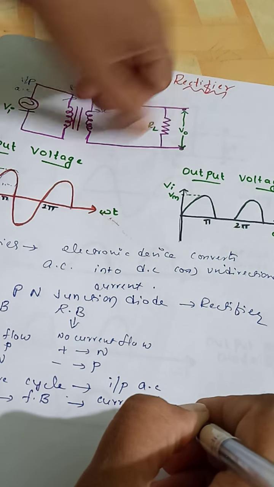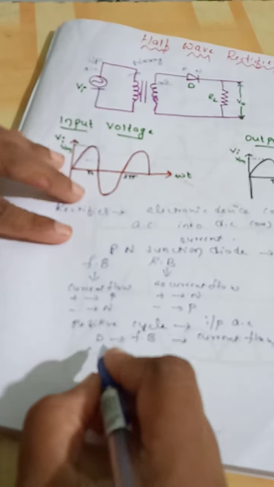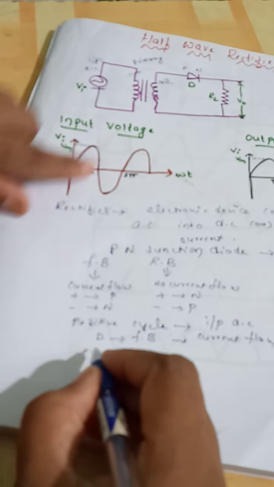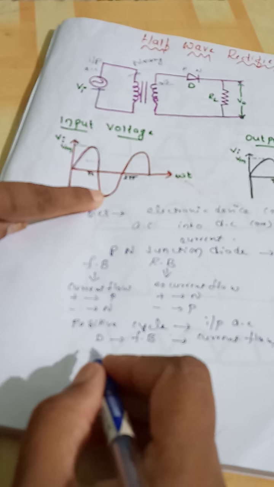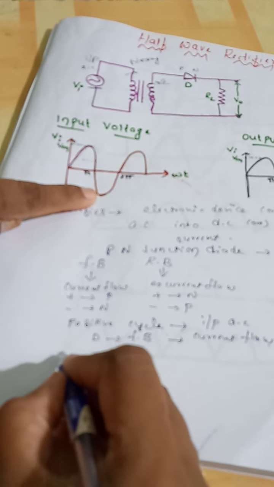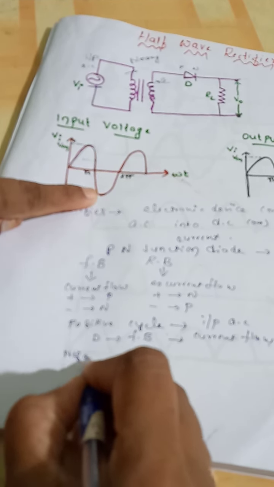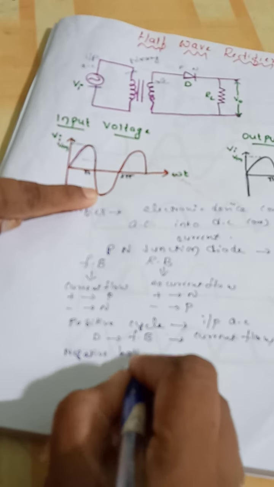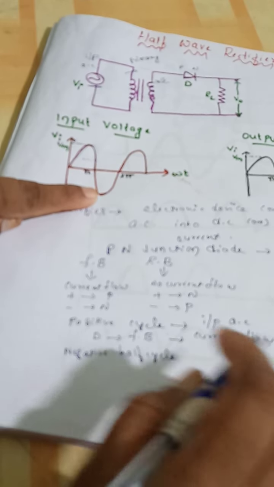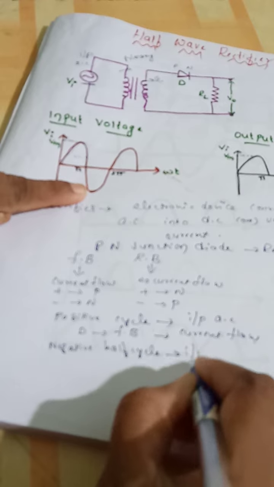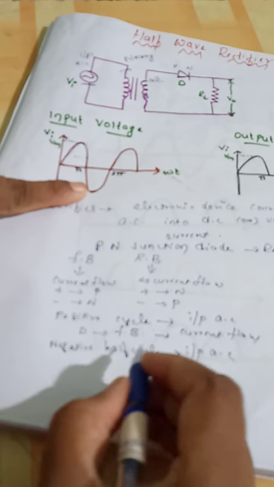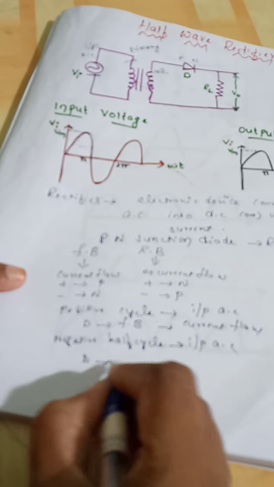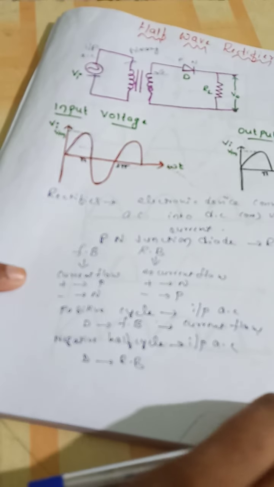Now next, let us talk about the negative half cycle. So in the negative half cycle of input AC, diode becomes reverse biased.